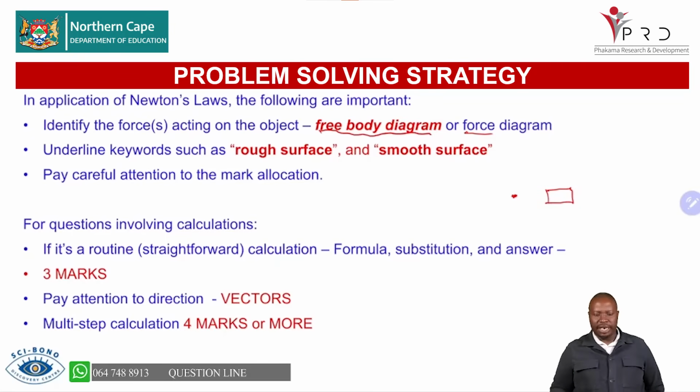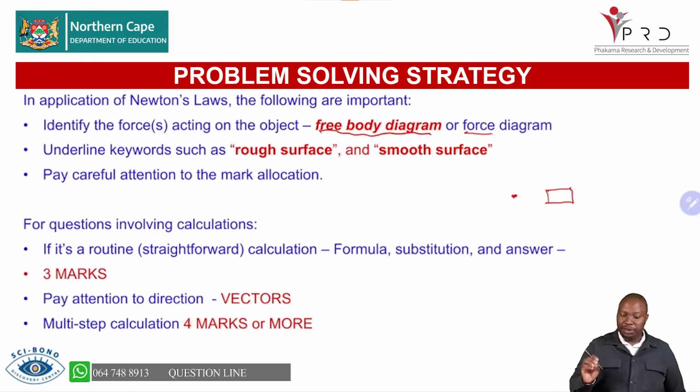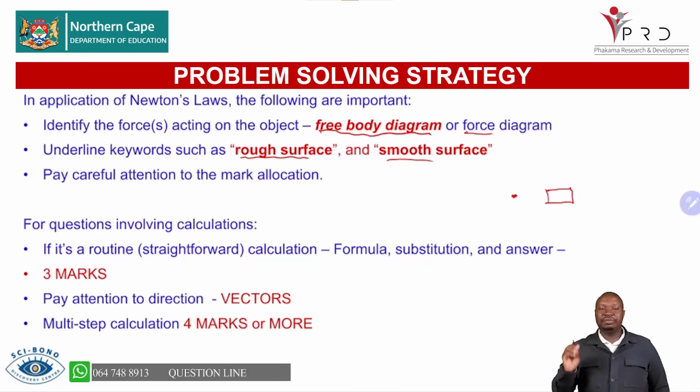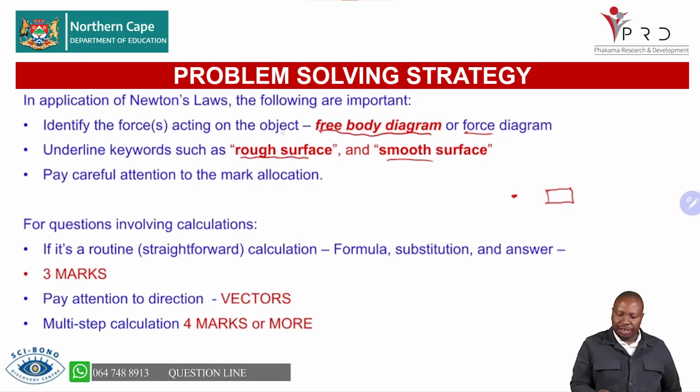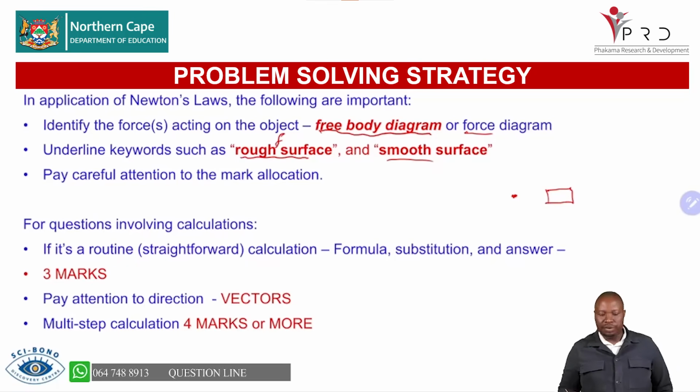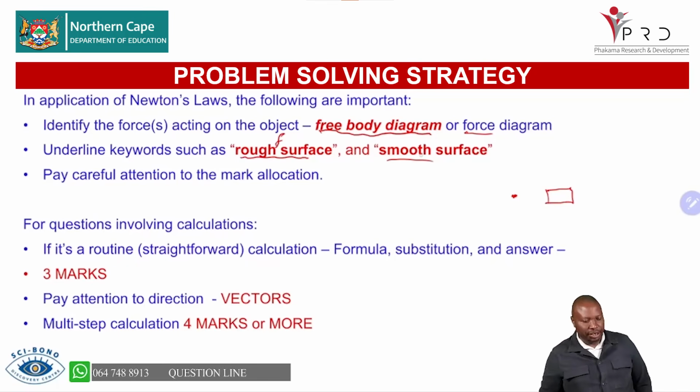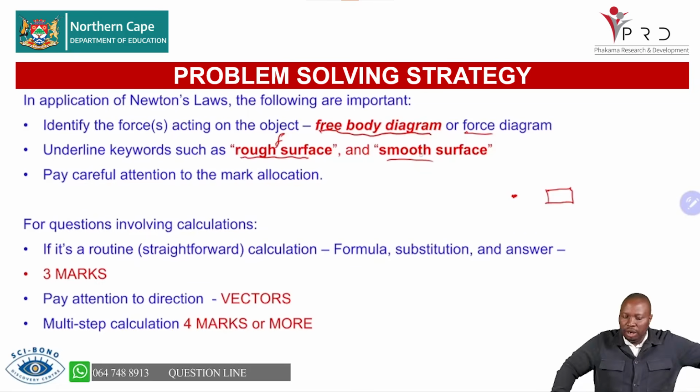So it's very important. The next important thing is the surface, whether it is rough or smooth, because when we say rough surface, we have friction, and when we say the surface is smooth, it is frictionless. There is no friction. And pay careful attention to the mark allocation.